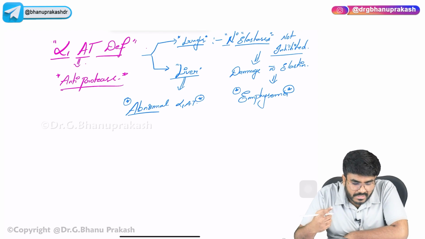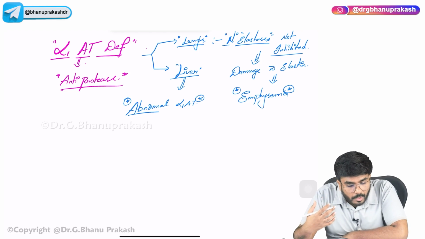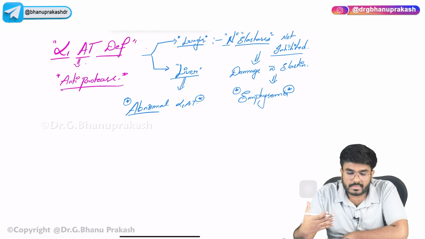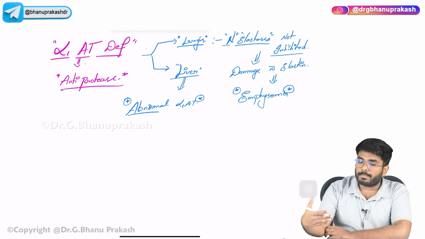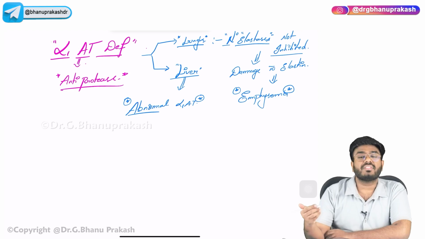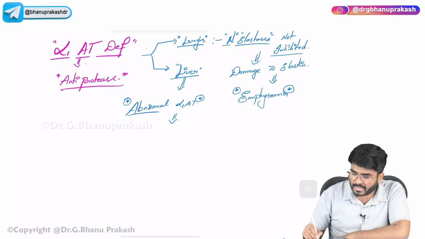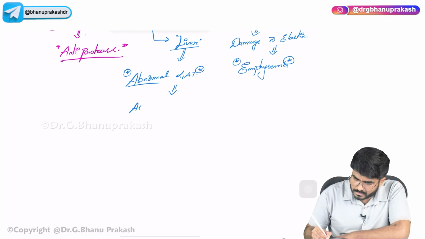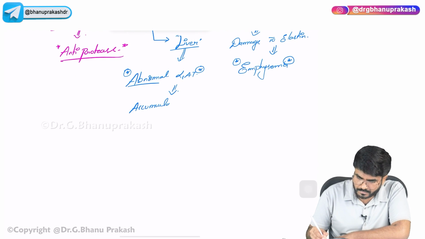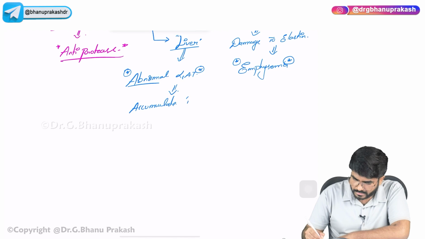This abnormal alpha-1 antitrypsin undergoes pathologic polymerization and starts to accumulate within the hepatocytes.